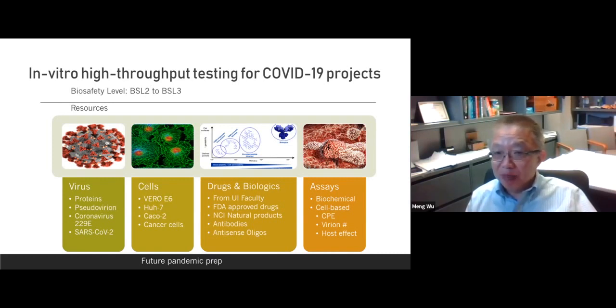To tell you the truth, in March, I didn't anticipate I would do anything related to BSL-3 or, to a certain degree, with virus at all. But now we have the capability to do that. We are pursuing a BSL-3 lab to work directly with viruses that might turn into future pandemics as well.